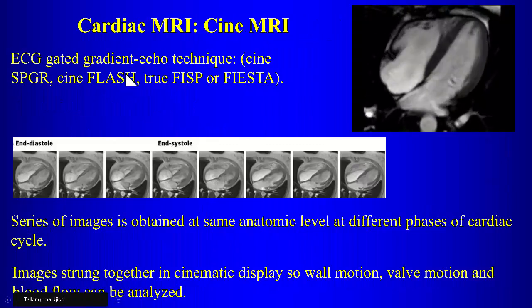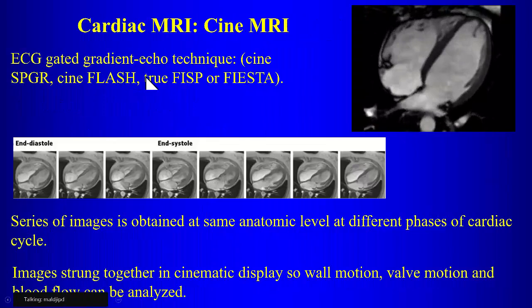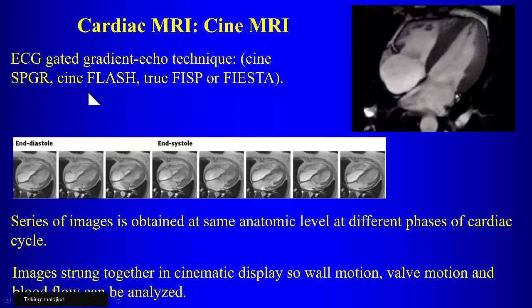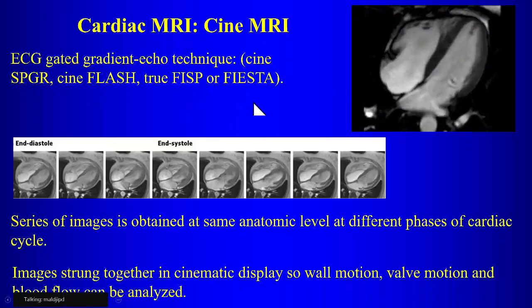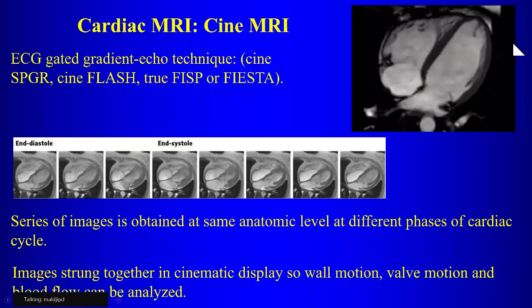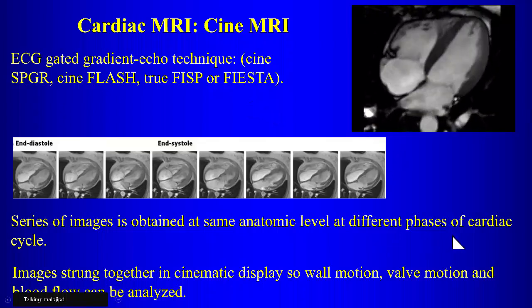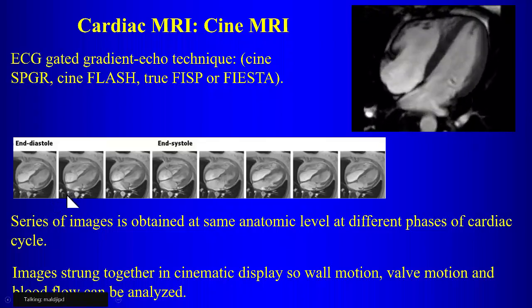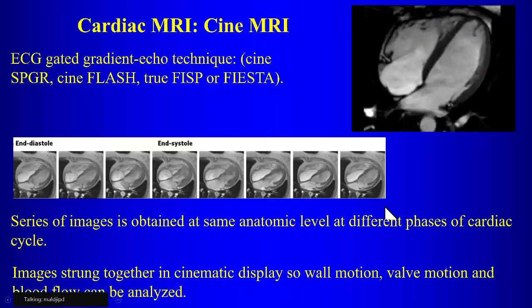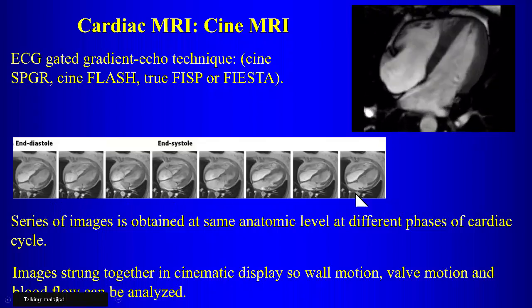So this is an ECG-gated gradient echo technique. You will see the word Cine applied to this. Cine FLASH, DIRFSE, yeah, these are all kind of synonymous terms for what you're doing. It's Cine, it's a movie, right? So how do we acquire this movie? Really, it's like any movie is acquired. You're putting together still frames throughout the cardiac cycle, and then you're going to play them together.